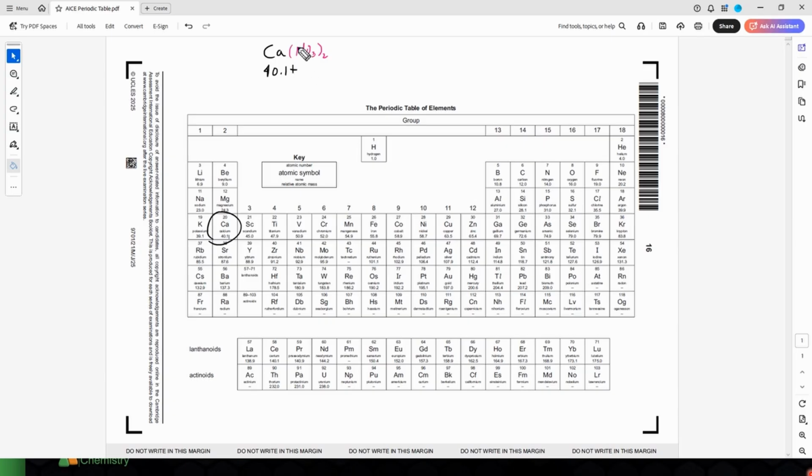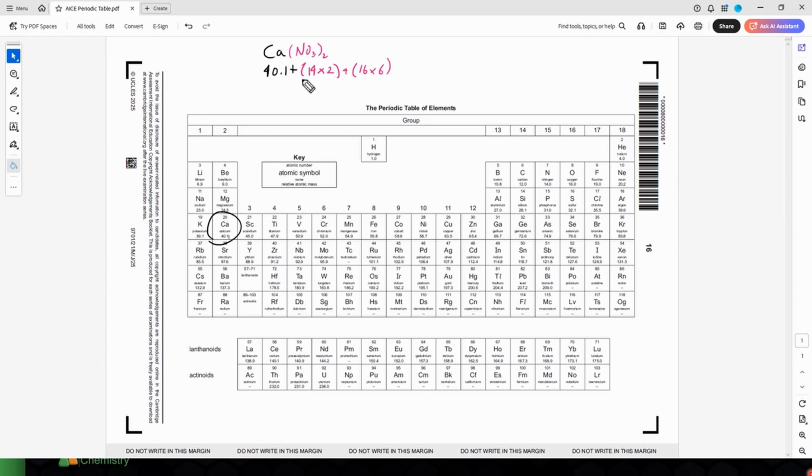plus the molar mass of the nitrogen times 2, let's do this in pink. So that's 14 times 2 plus the molar mass of the oxygen, which is 16 times 6, because 3 times 2 is 6.